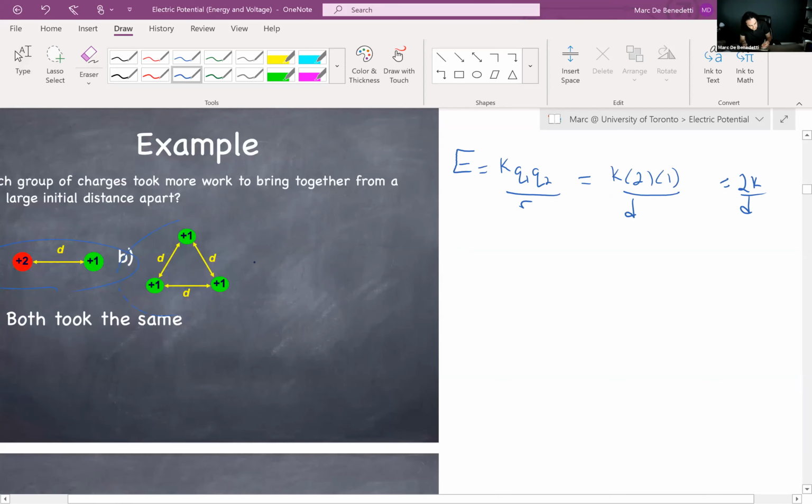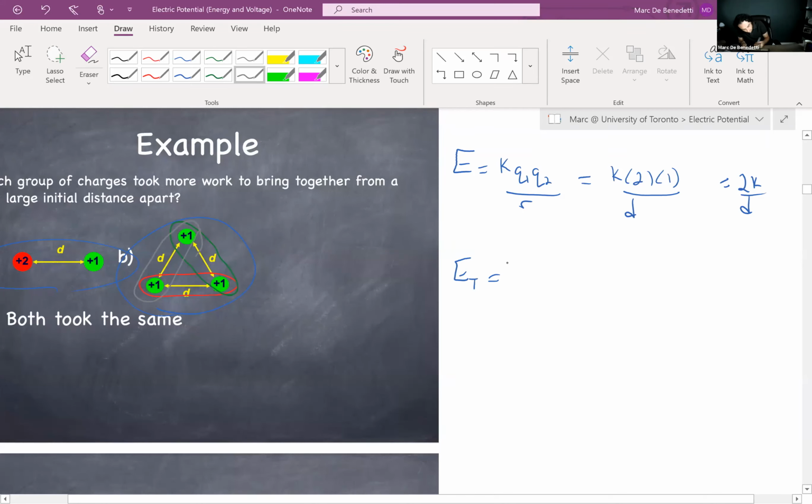The energy in this system is a little bit tougher to find. The energy in this system is going to be the sum of the energy of each pair of charges. So we have this pair of charges, we have this pair of charges, and we have this pair of charges. We've got 3 pairs of charges here.